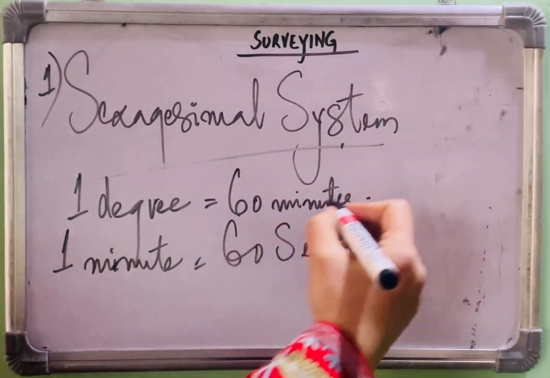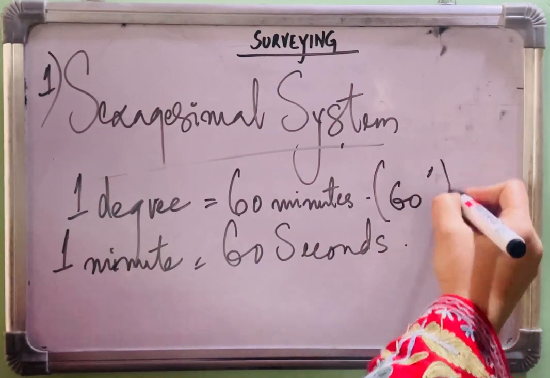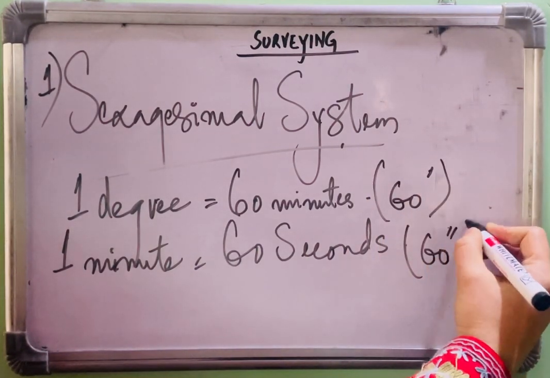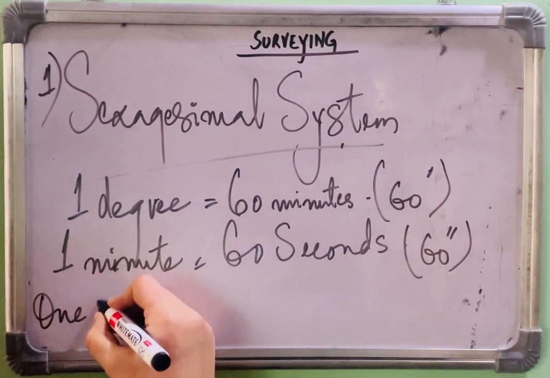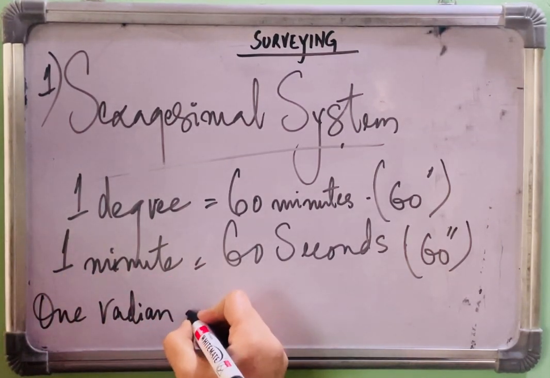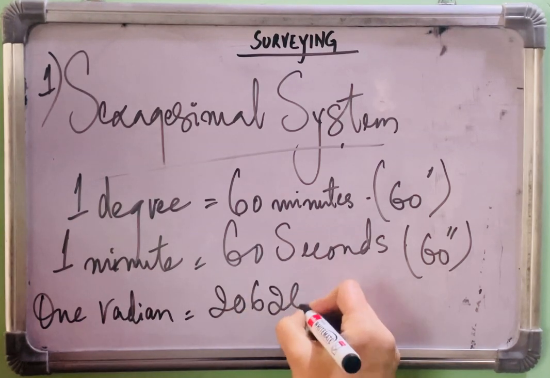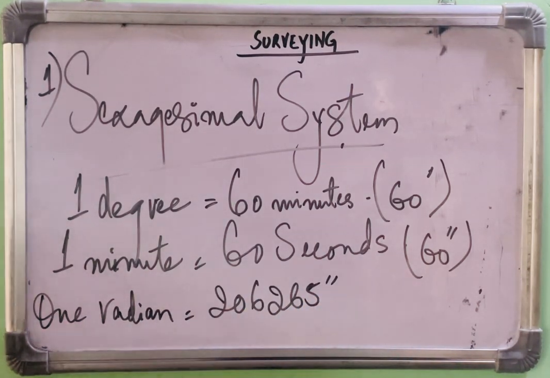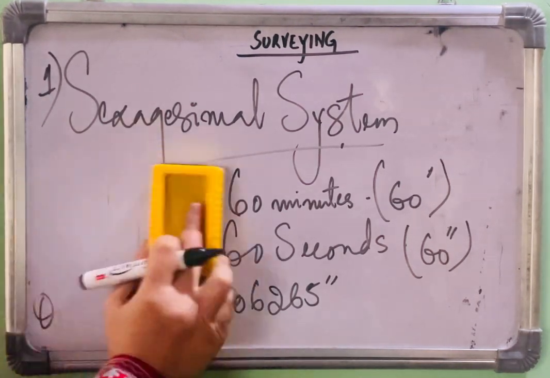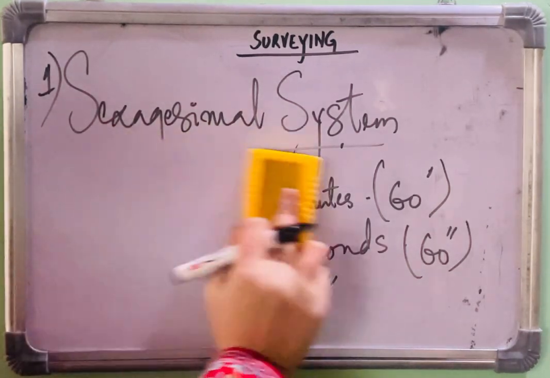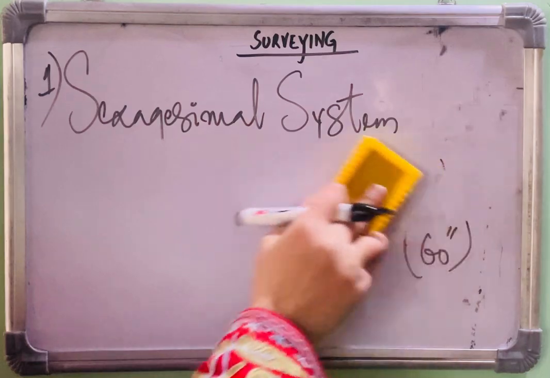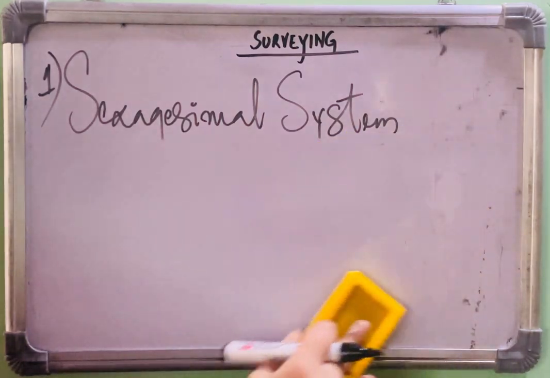And we must also note that 1 radian is equal to 206,265 seconds. So this was about the sexagesimal system, which is used in most of the countries, including ours, and in this system, one complete rotation is divided into 360 degrees.